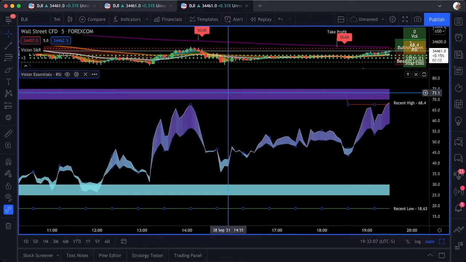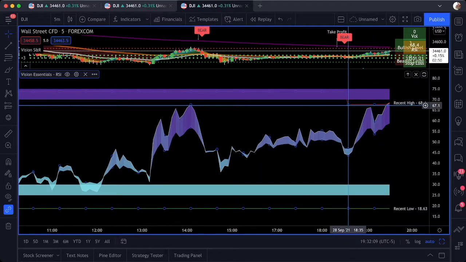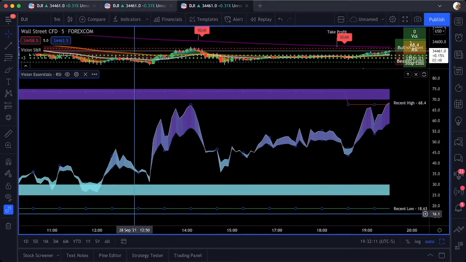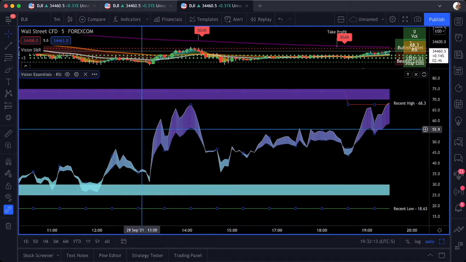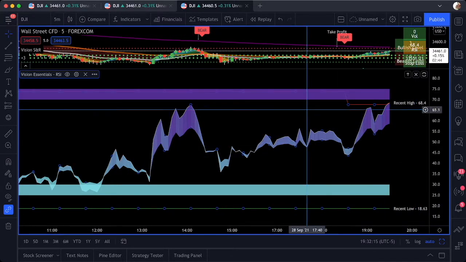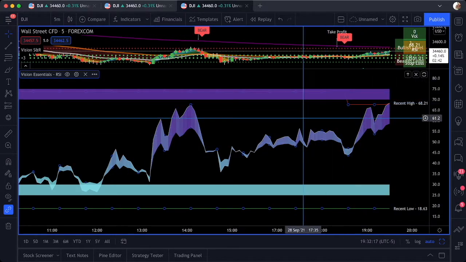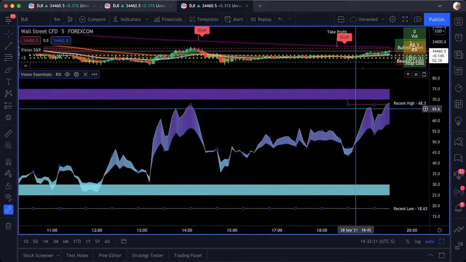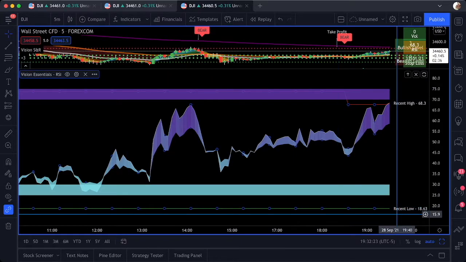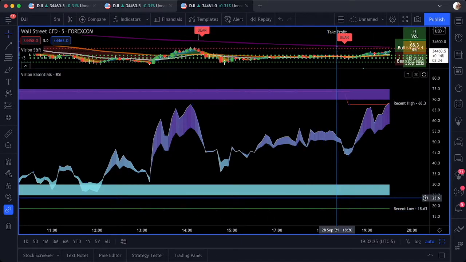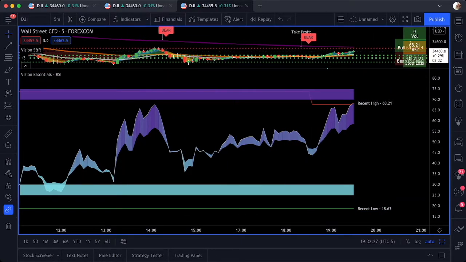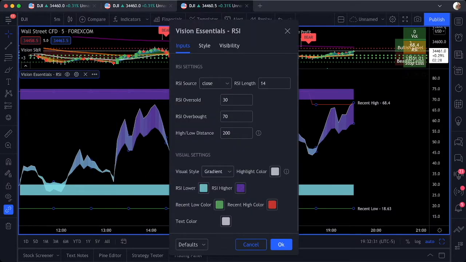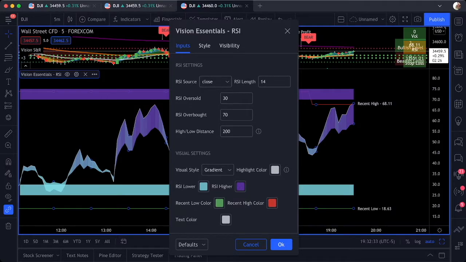So it's following along with the RSI. Obviously, as it's moving up, the RSI high will be the one to be a little more jumpy. But this one's pretty straight right now because it's so low. Let me click that back. All right. I'm going to have to change all these colors later.